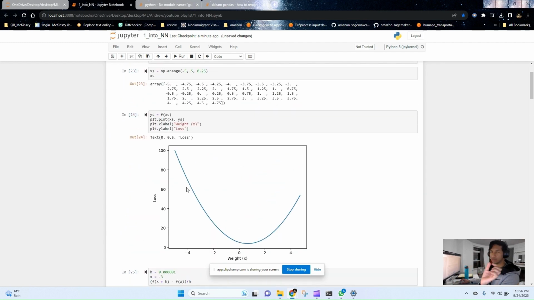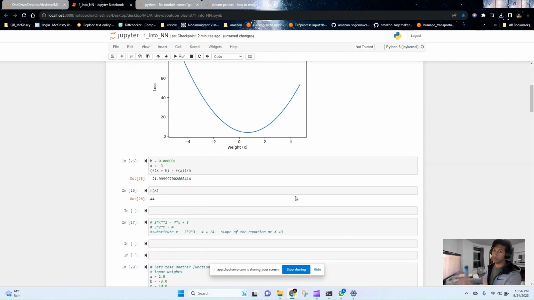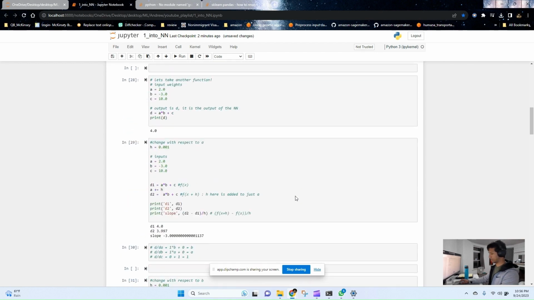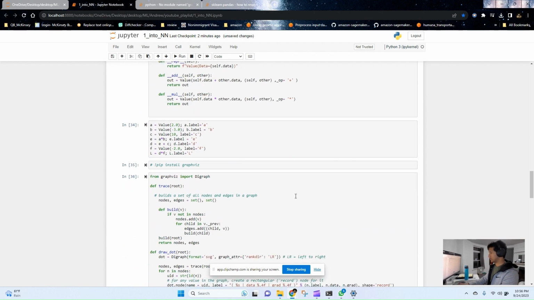Hence, we need to take a very small step in that direction. That's the reason why we multiply the gradient with a constant.